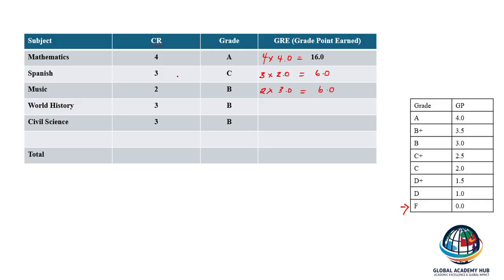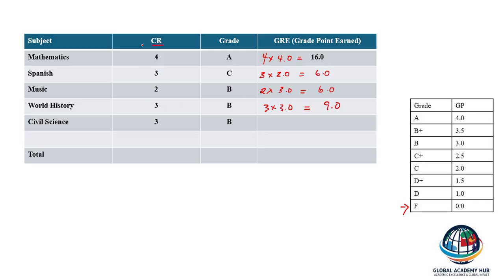Notice you got different grades in Spanish and music, but you earn the same grade point because of how many credit hours are awarded to that subject. World history is 3 times 3.0 and so forth.